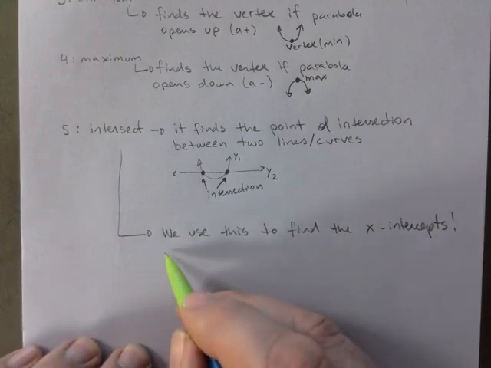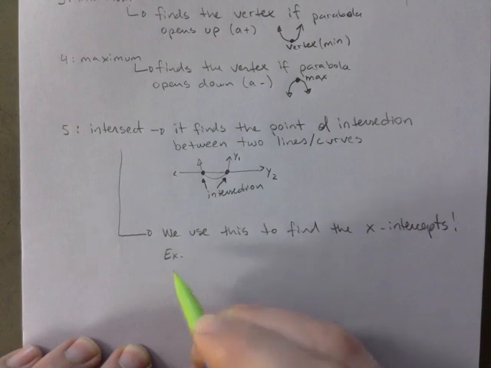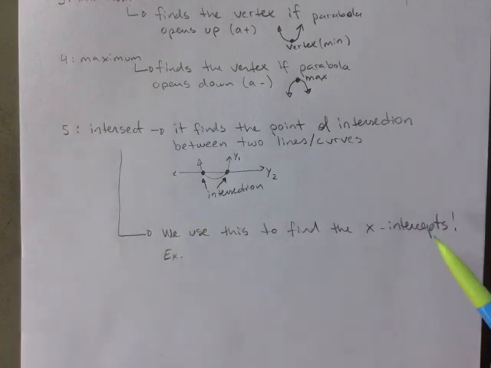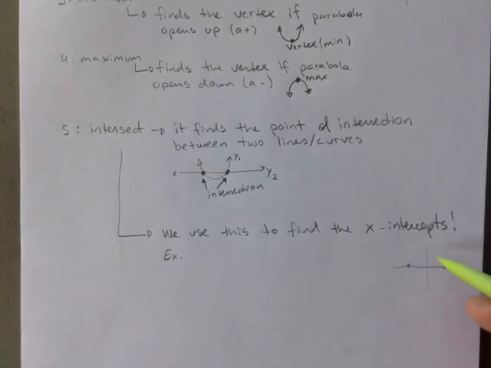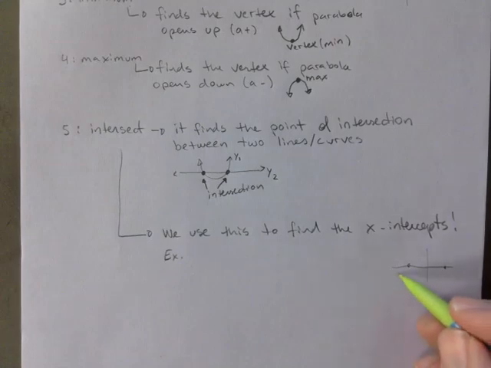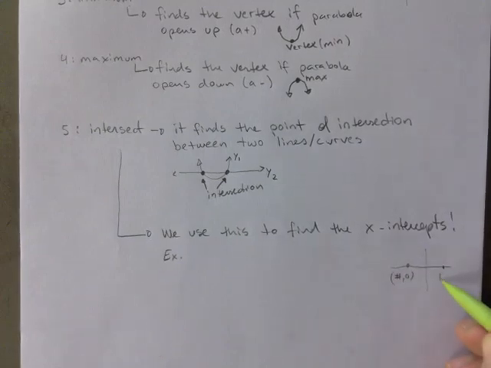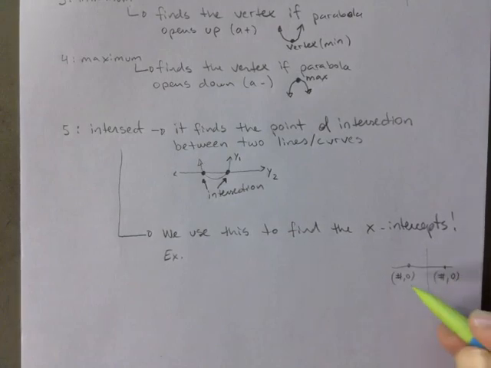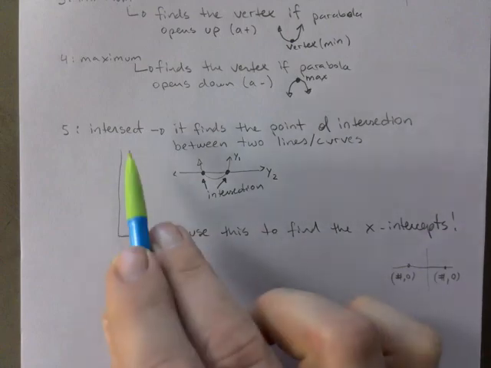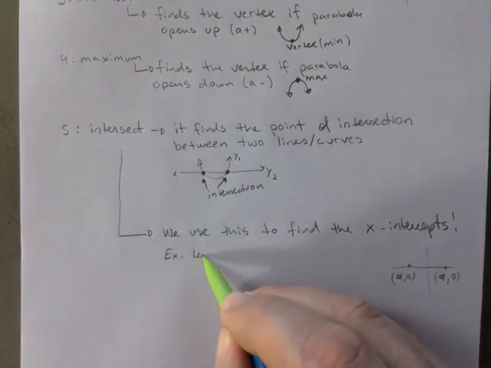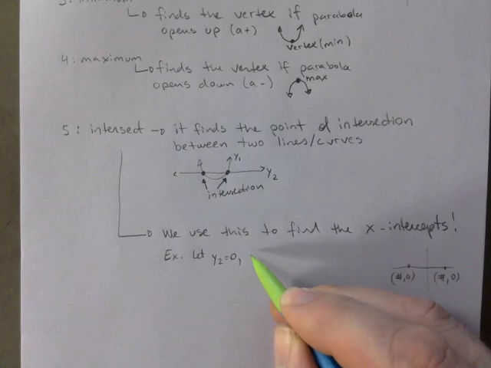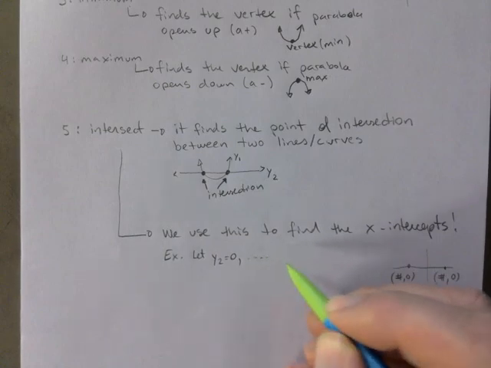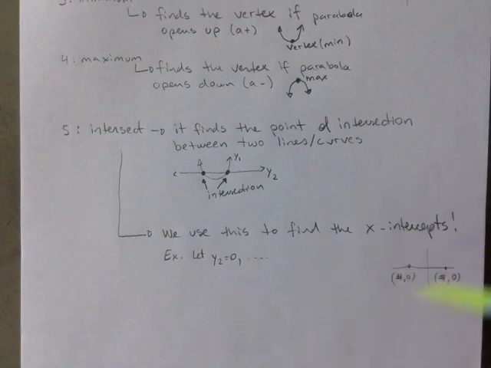So basically, for example, what is the y value at the x-intercept? X-intercepts are here, right? What's y? 0. So it's going to be a number and 0, but y is always equal to 0. So to use this function right here, we let y2 equal to 0, and then you will find out later on. I'll use this to find the x-intercept as well.